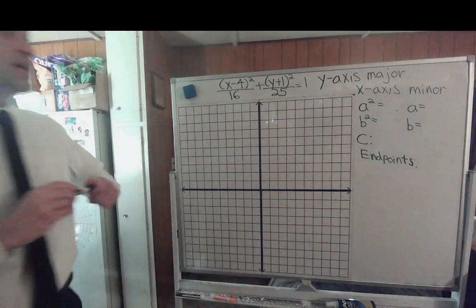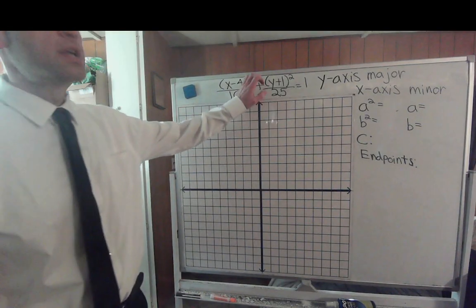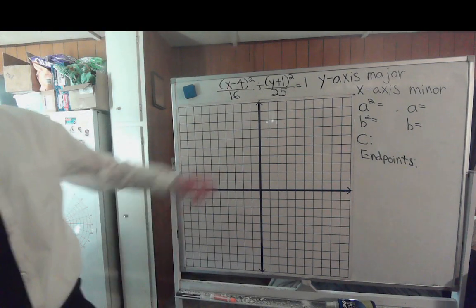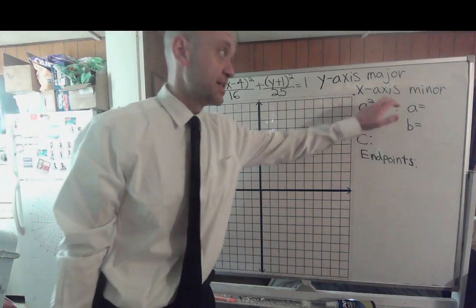So you've been given x minus 4 quantity squared over 16 plus the quantity of y plus 1 squared over 25 equals 1. Well, the bigger number's below your y, so the y-axis is major, x-axis is minor.